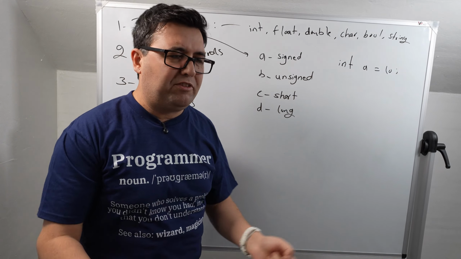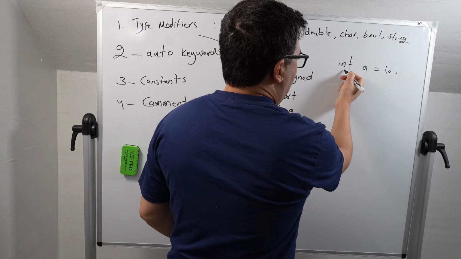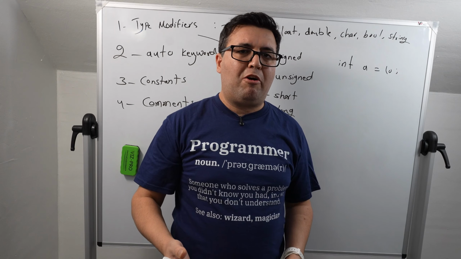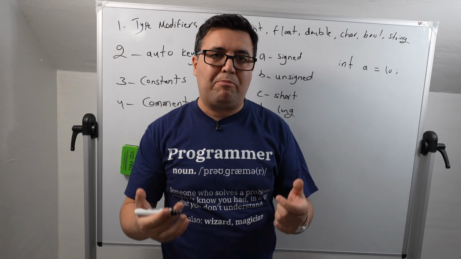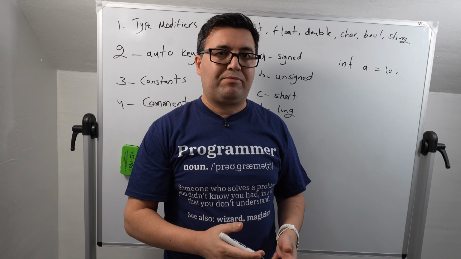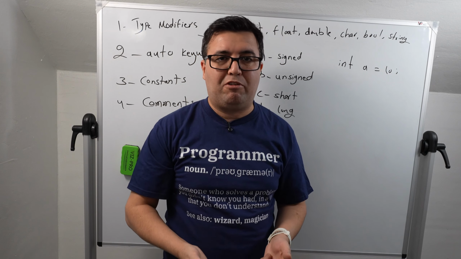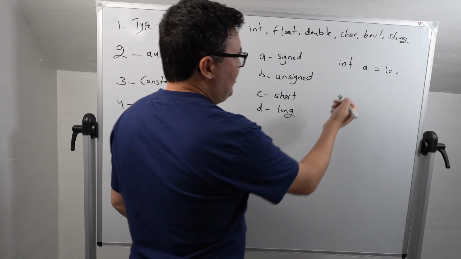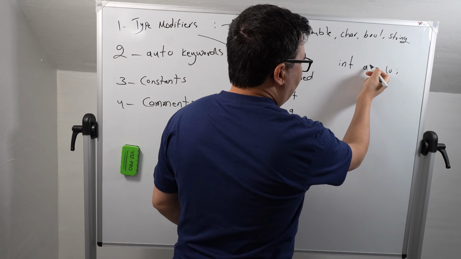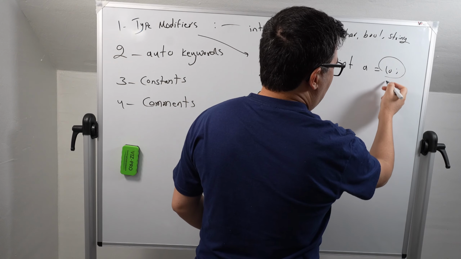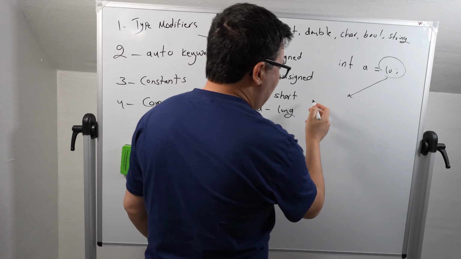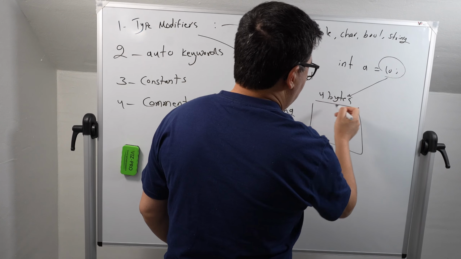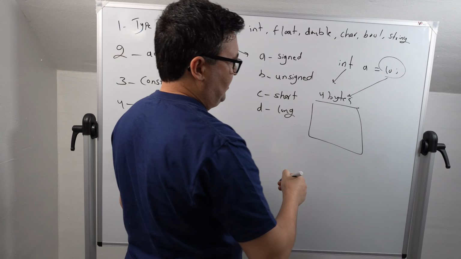It means the size of this variable is 4 bytes, because data types are not only talking about the type of information we can store in computer memory, they also define the size of a variable. So if we say int a equal to 10, this value 10 is stored in memory and it takes 4 bytes, because the integer size is 4 bytes.